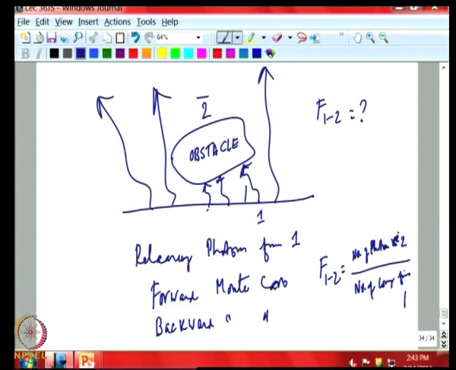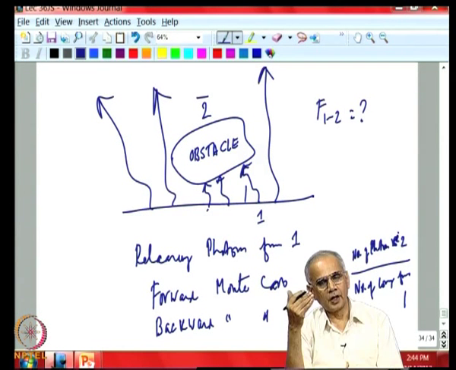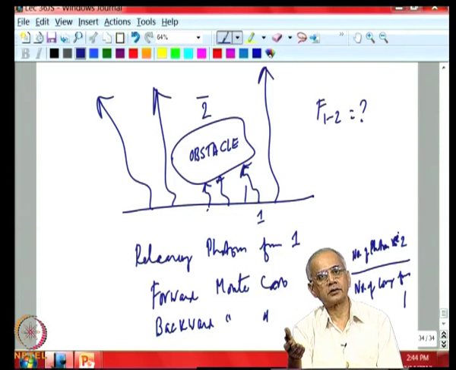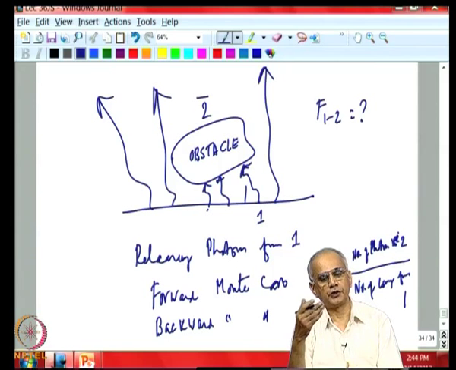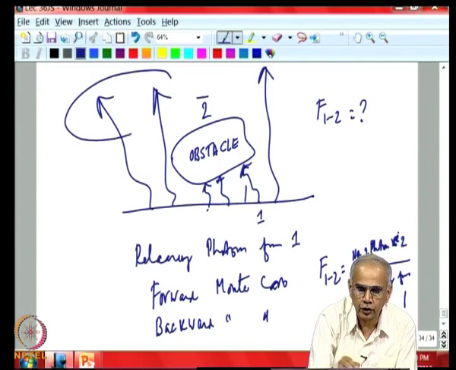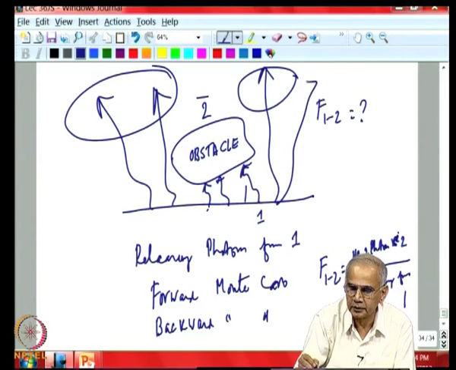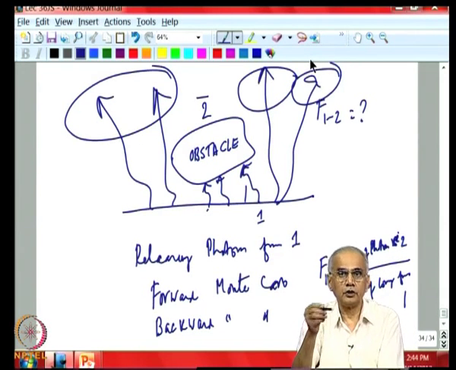So, you have to trace the photons from 2 back to find out how many of them must have come from 1. Essentially the technique is the same, photons reaching 2 by photons leaving 1, but here we do not release photons from 1 and see how many reach 2. We start with photons which reach 2 and ask how many of those photons came from 1, and this is much more efficient, because we are not tracking all these other photons which are going all over the place, which is not of interest to you.